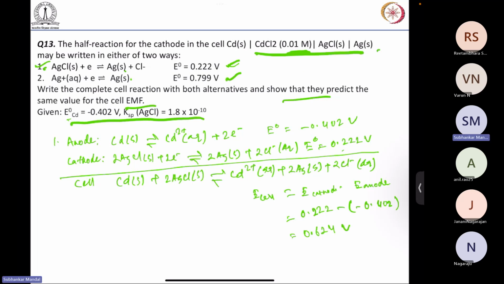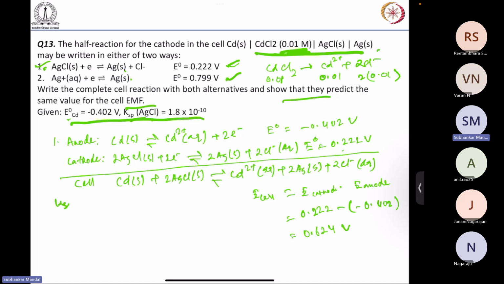But for Cl minus, AgCl, so if you consider cadmium Cl2, then what will it be? Cadmium 2 plus 2 Cl minus, so this is 0.01, then this will be 2 into 0.01. The chlorine concentration we know, and the other thing, the Ksp value of AgCl, is given.